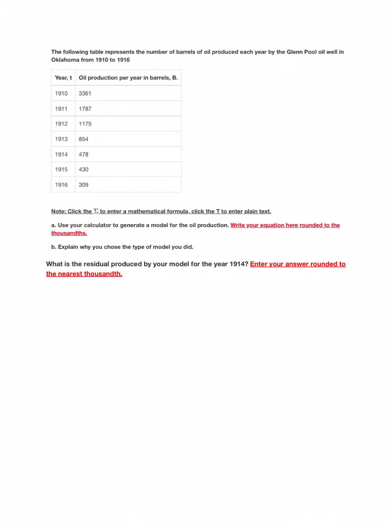Residual, remember, key to the residual, since I'm not going through the equation, I don't actually have it in front of me. Just remember that the residual equals the observed minus the predicted.